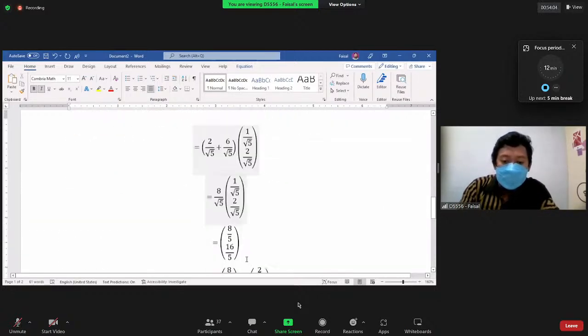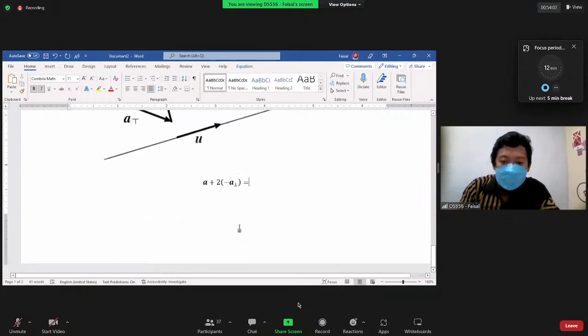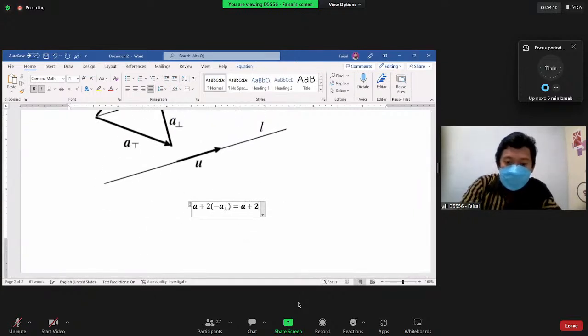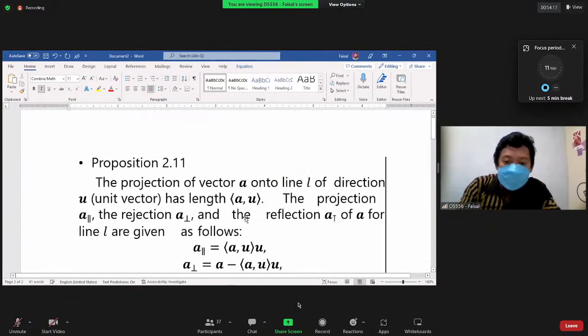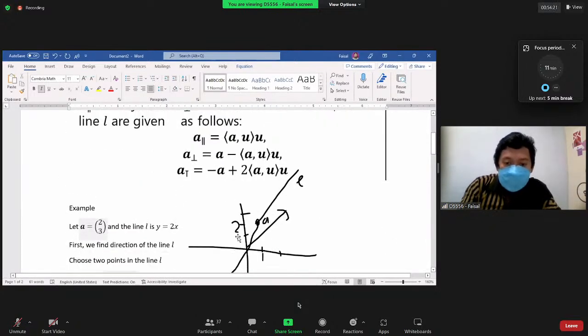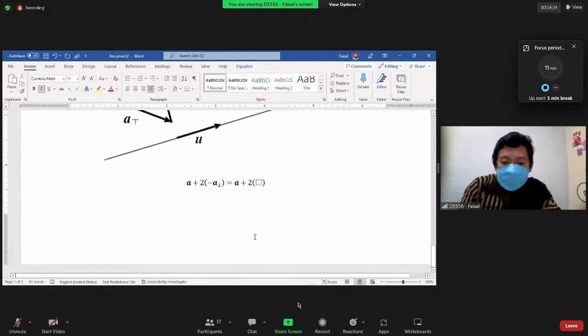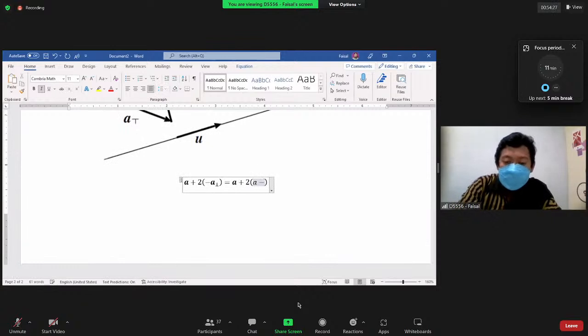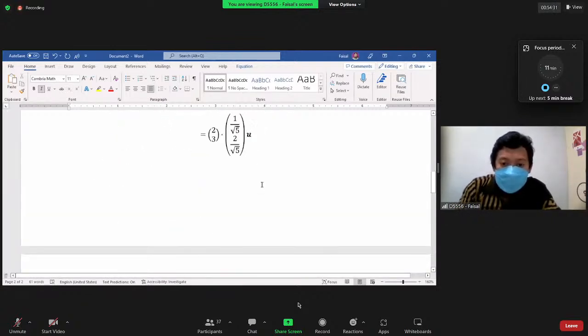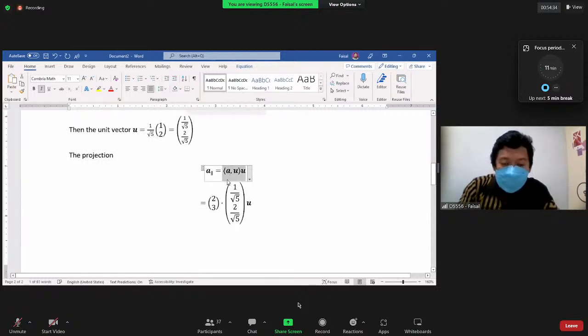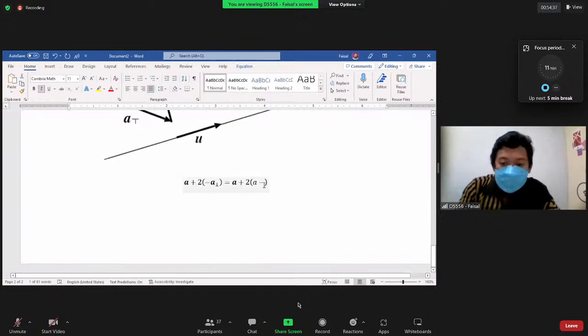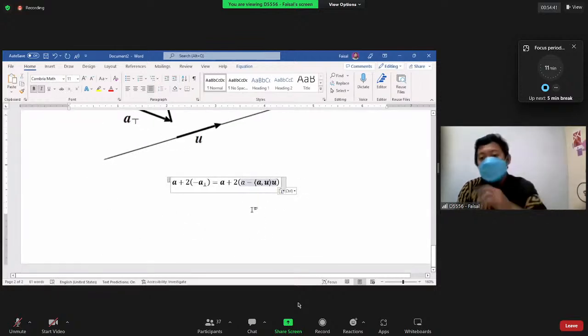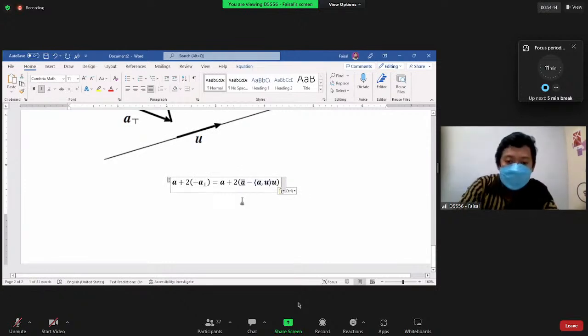So the reflection is A plus 2 times the formula of the rejection: A minus the inner product of A and U, times U. This is the rejection from the proposition.